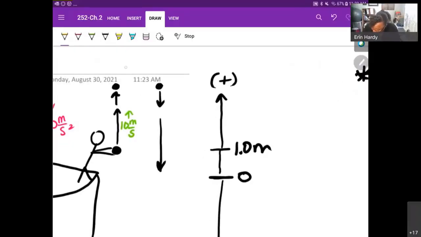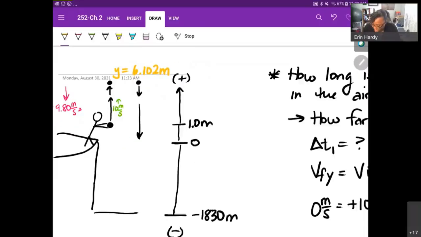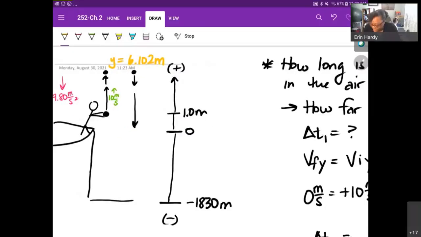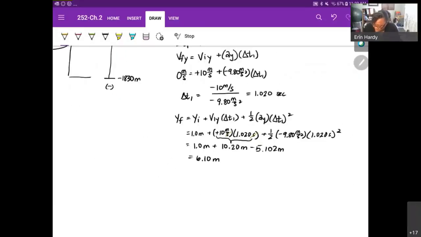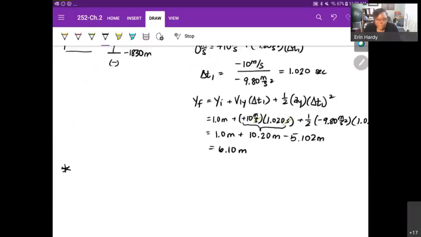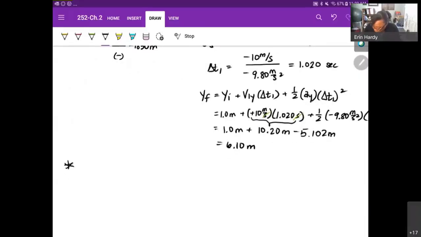I'll use orange. So y is equal to 6.102 meters. If that is y initial, and I know that y final is going to be the bottom of the canyon, the next part of this question, I'll do over here, is how long does the rock spend falling down?